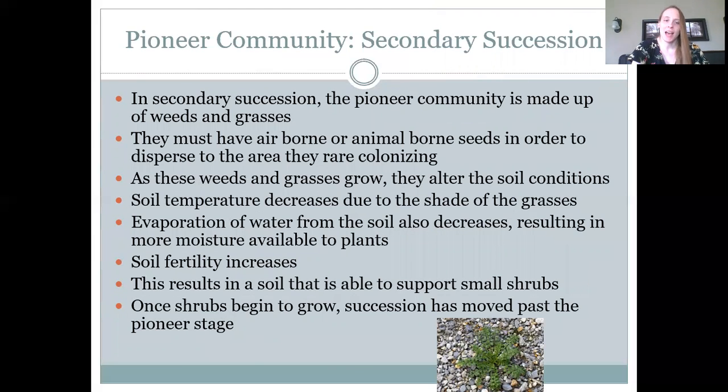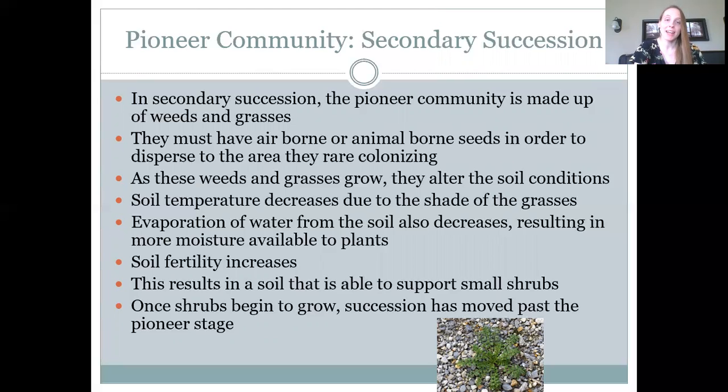So after you have the grasses and weeds, when they grow tall enough, they'll actually start to create some shade on the soil. So the soil will start to retain more of its moisture because it's shaded. It's not going to have as high levels of evaporation. It's also going to maintain lower temperatures in the soil because of the shade.